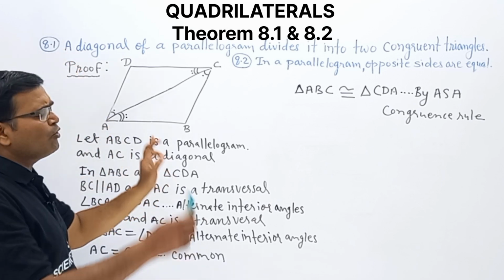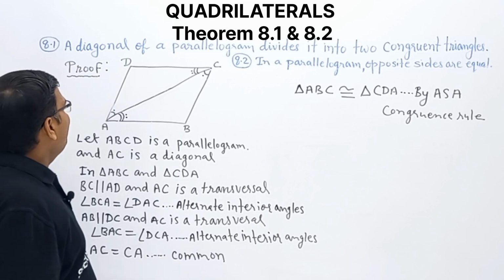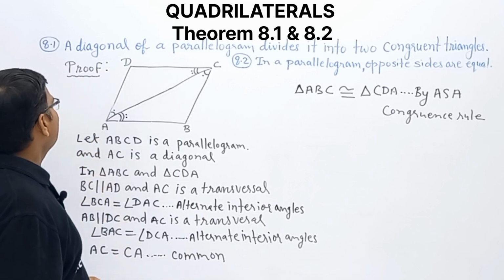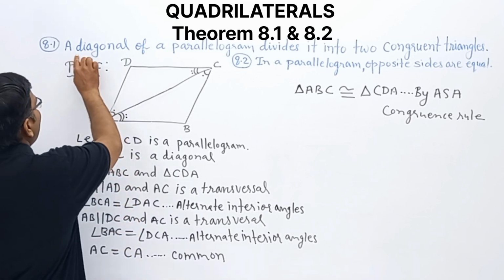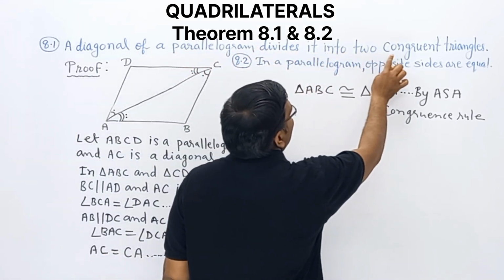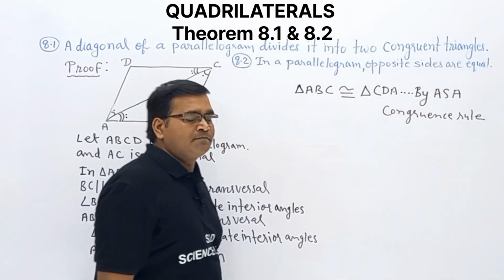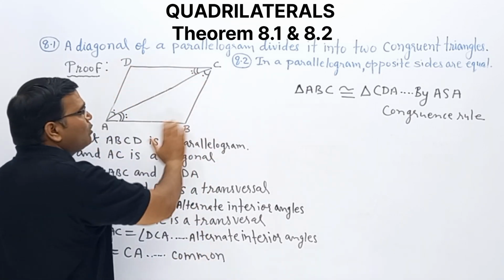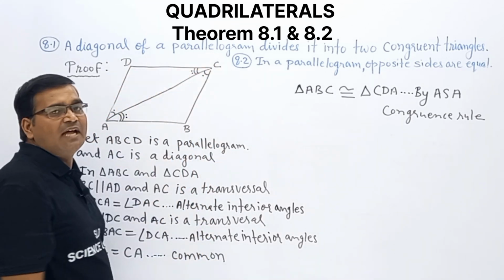Observe again, a simple way to prove this theorem. The theorem is: a diagonal of a parallelogram divides it into two congruent triangles. This is the parallelogram and AC is a diagonal.